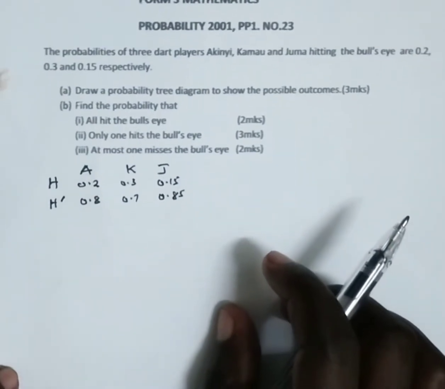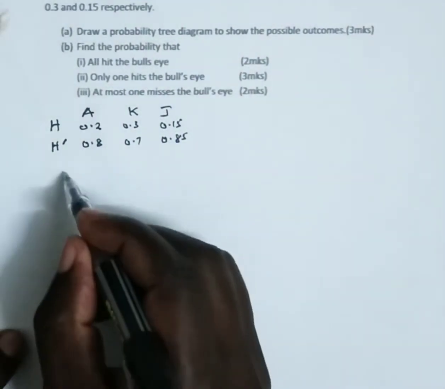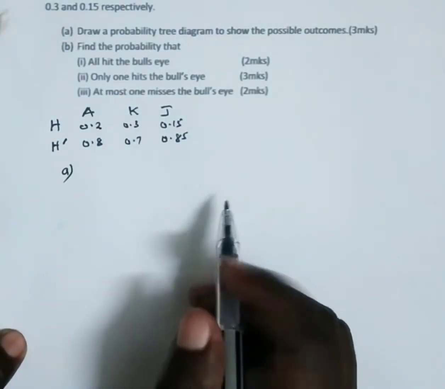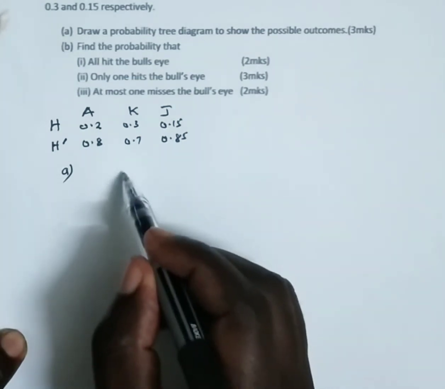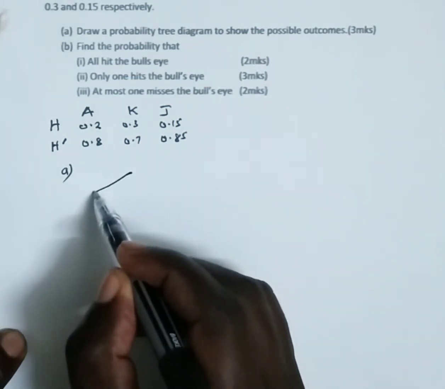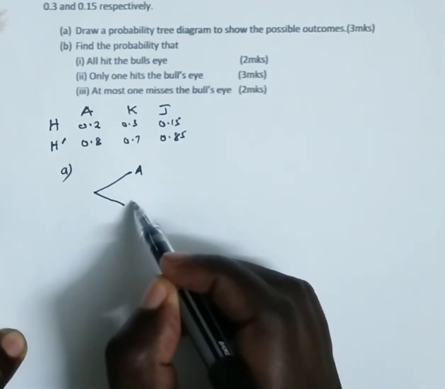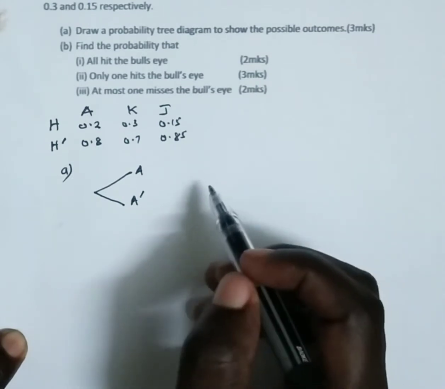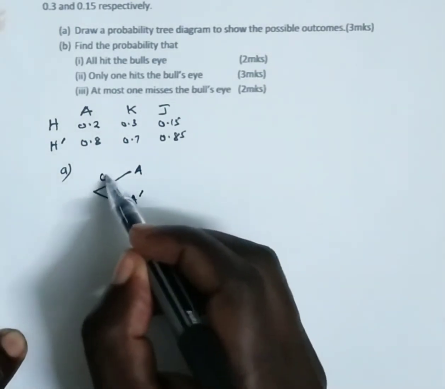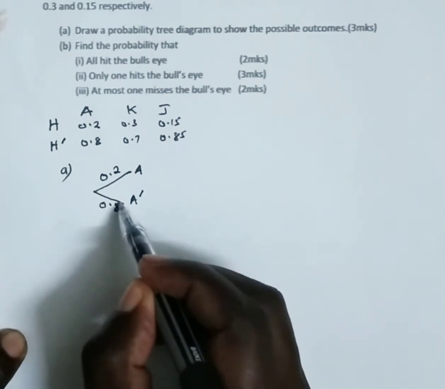So let us represent this information on a tree diagram, that is part A. We are going to start with Akinyi, and we have the probability of Akinyi hitting the target and Akinyi not hitting the target. Hitting the target has been given as 0.2 and not hitting becomes 0.8.